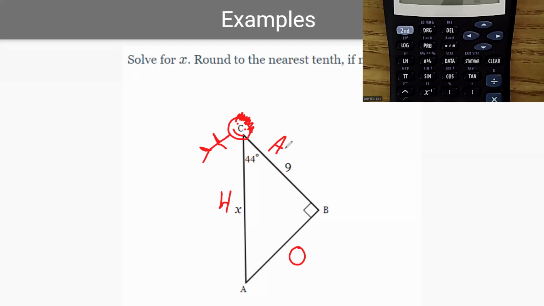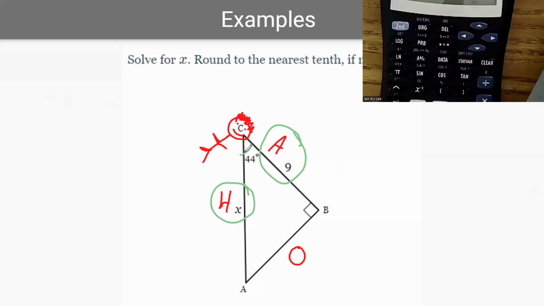And then after that, try and set up the ratio with the sides that you have information for. So I have this 9 side here, and I have to figure out what x is. I'm looking at it from the viewpoint of this 44 degrees.